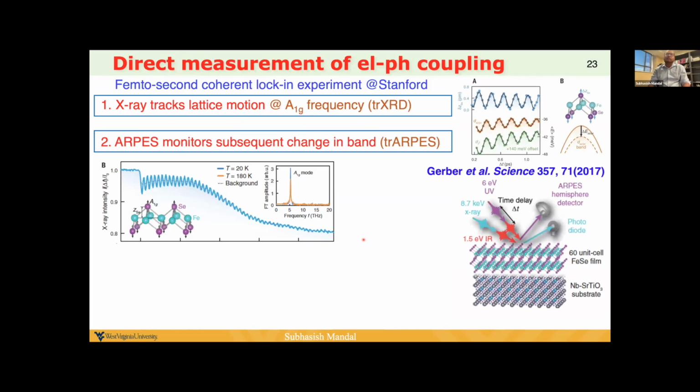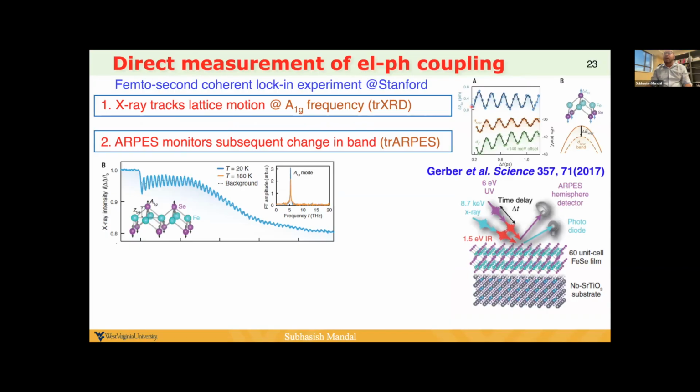Later on, this was experimentally verified by Z-Exchange group, where they first measured this directly in the experiment, doing 2 things together. One is time-resolved ARPES, and another is time-resolved X-ray.